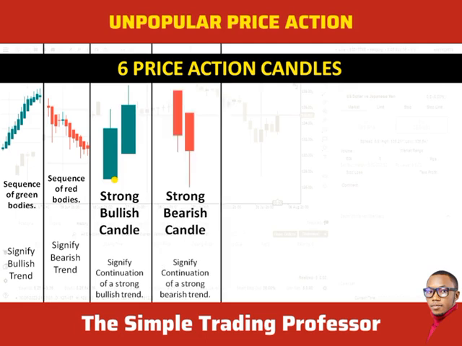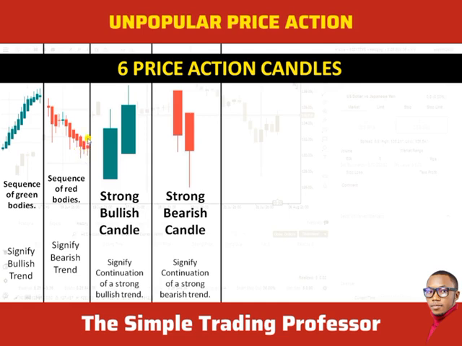The second price action candle in the Heikin Ashi price action is the strong bearish candle. It signifies continuation or the beginning of a strong bearish trend. Again, you see this sequence of red bodies? The first one here is a bearish candle, this one is a bearish candle, the last one here is a bearish candle, each and every one of them.